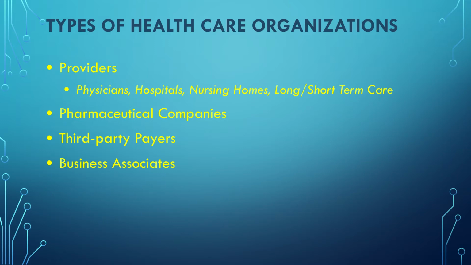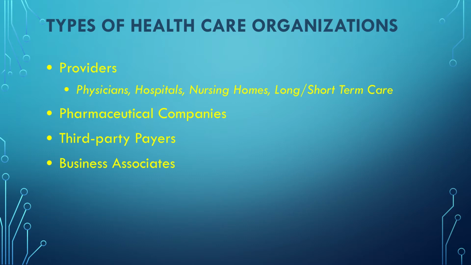First, we want to make sure that we are clear on what the different types of healthcare organizations are. Of course, you're familiar with the providers. These are the organizations and professionals that provide hands-on care to our patients.